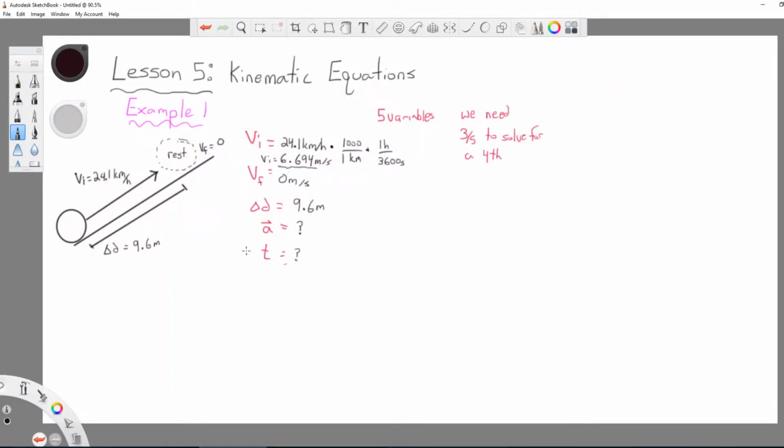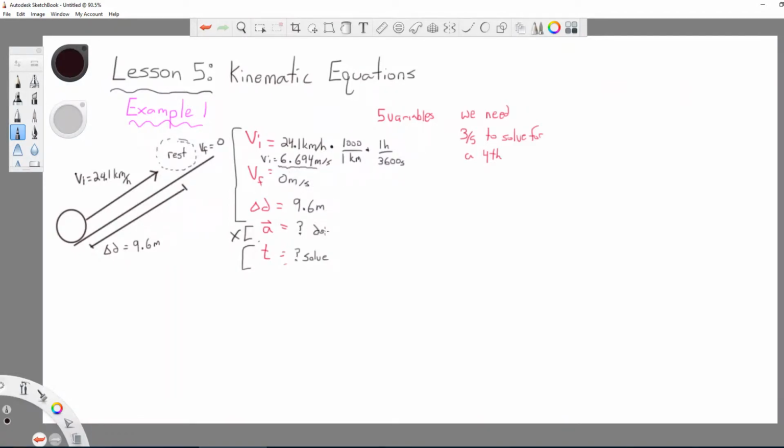Okay, well, the question is asking us to solve for time. So we want to solve for this. We want to make sure our formula has these three terms, plus this one, and we want to exclude acceleration.